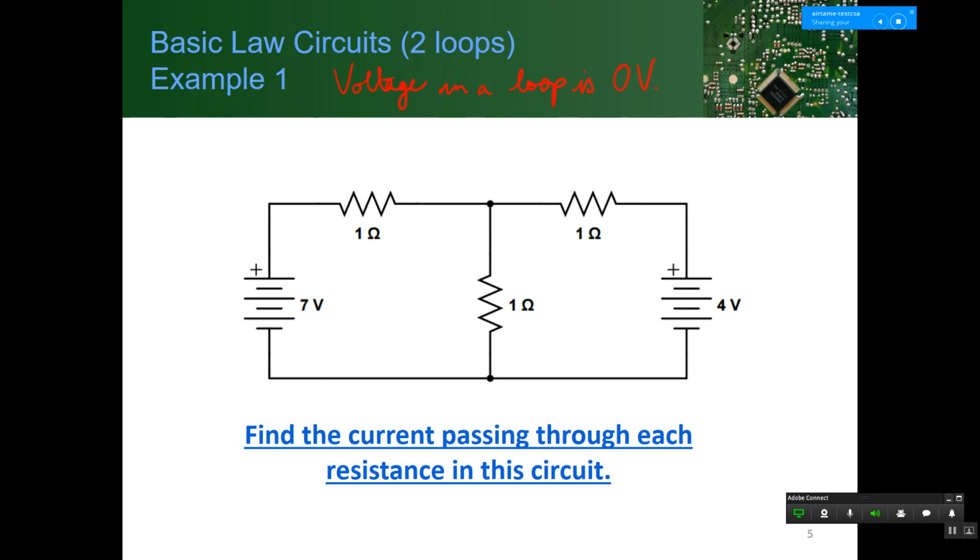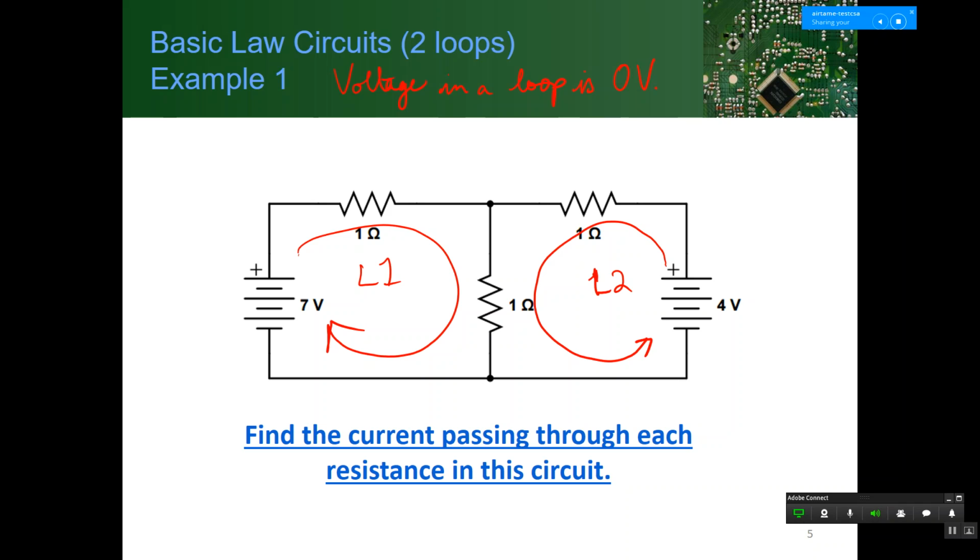So what I mean by a loop, well, let's look at this simple circuit here. I have one loop here with current going maybe in that direction, and current going here with currents going maybe in that direction. All right. And this is loop 1, and this is loop 2. And within one loop, if you add up all the voltages, it should give you 0.